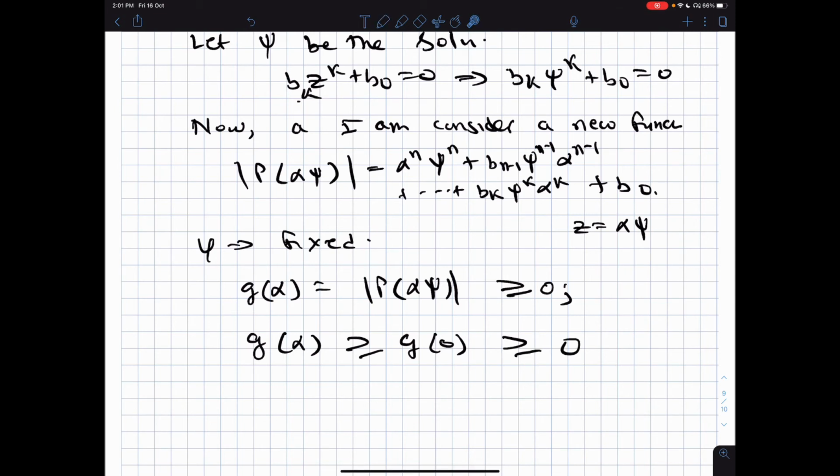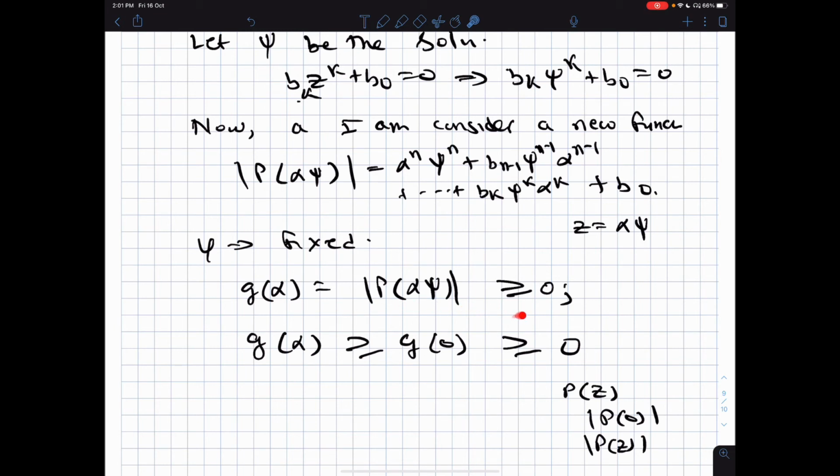Why do I say g of alpha is greater than or equal to g of 0? Because you see, 0 is the global minimum of my polynomial p of z, is it not? x star was the global minimum, transformed in z, it became 0. So mod of p of 0 is the global minimum of this mod of p of z. And this function g of alpha has been just created by putting a restriction on p of z.